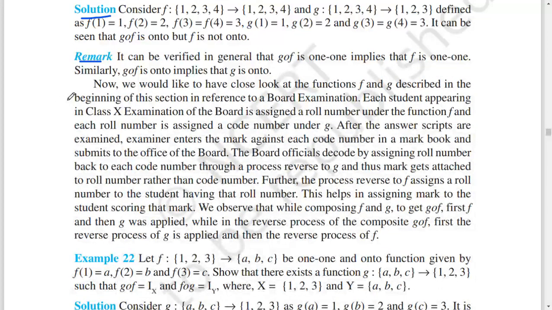Now we would like to have a close look at the functions f and g described in the beginning of this section in reference to a board examination. A student appearing in the class 10 examination of the board is assigned a roll number under the function f, and each roll number is assigned a code number under g. After the answer scripts are examined, the examiner enters the marks against each code number in a mark book and submits it to the office of the board.